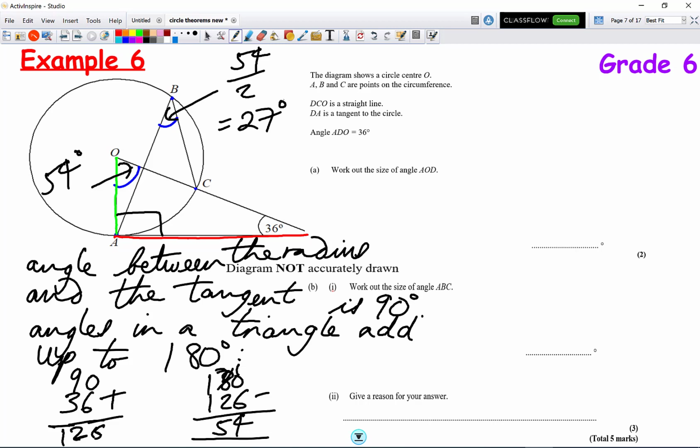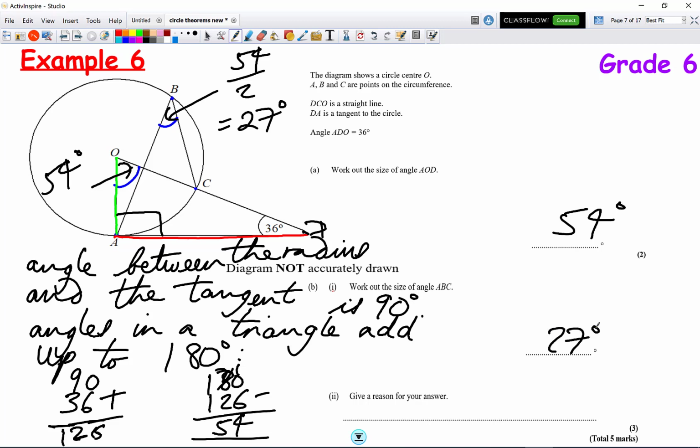Now, they want to work out the size of angle AOD. This point is D, it should be D there. We've already worked that out, so that's 54 degrees, and we've already stated our reason. And we want to work out angle ABC. Now we know that angle ABC is 27 degrees.